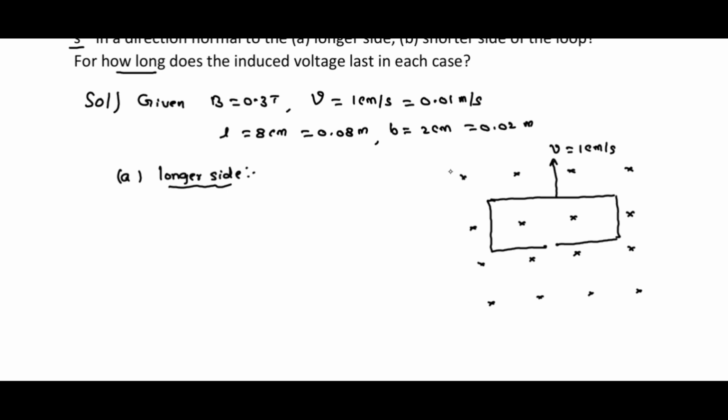Now in this case we have to find out the induced EMF. So induced EMF is equal to BLV, that is nothing but motional EMF. So B is 0.3, L is 0.08 and V is 0.01. After simplification we will get 2.4 into 10 power minus 4 volt.